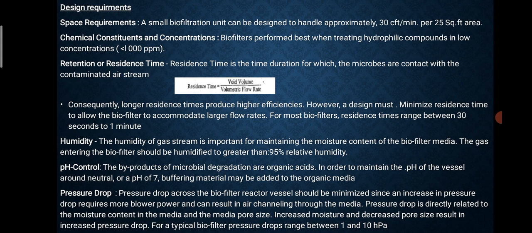Increased moisture and decreased pore size results in increased pressure drop. For a typical biofilter, pressure drops range from 1 to 10 hPa.